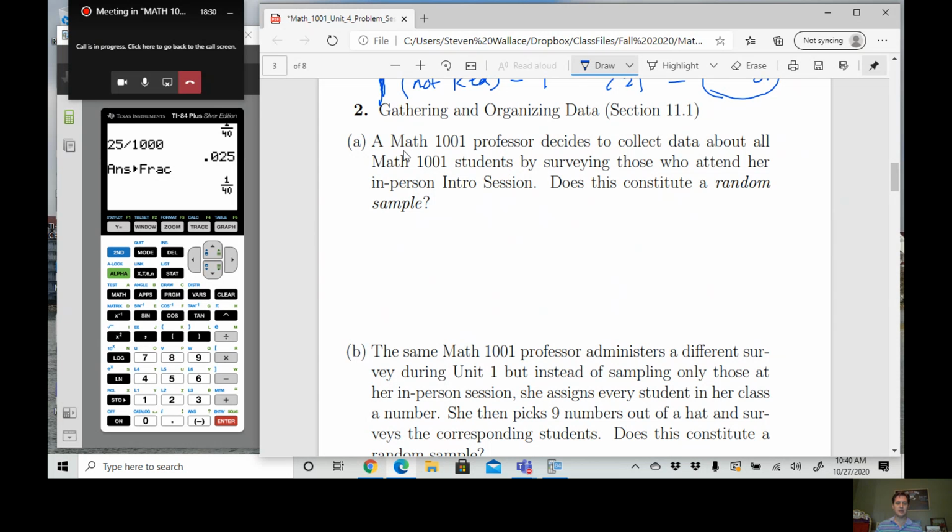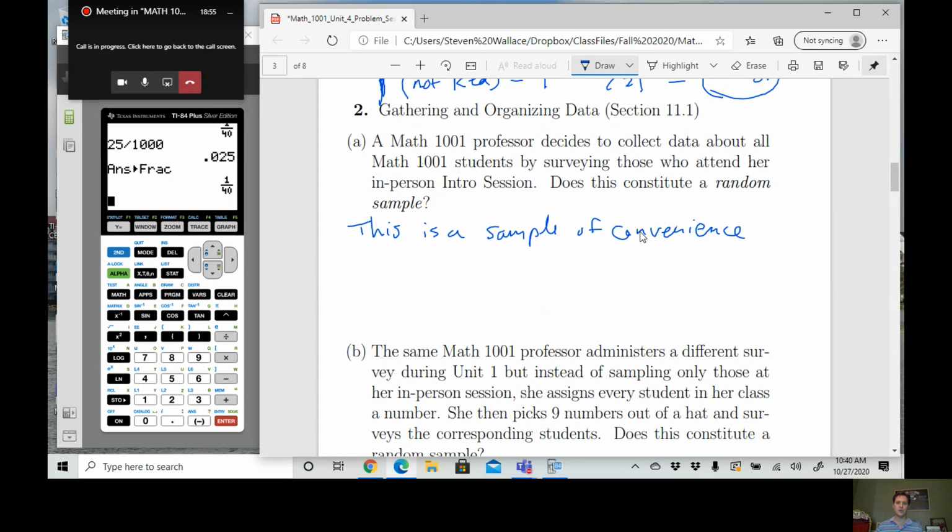Okay, so here, for example, a math professor decides to collect data about all Math 1001 students, but only surveys those who attend her in-person intro session. This is called a sample of convenience, right?